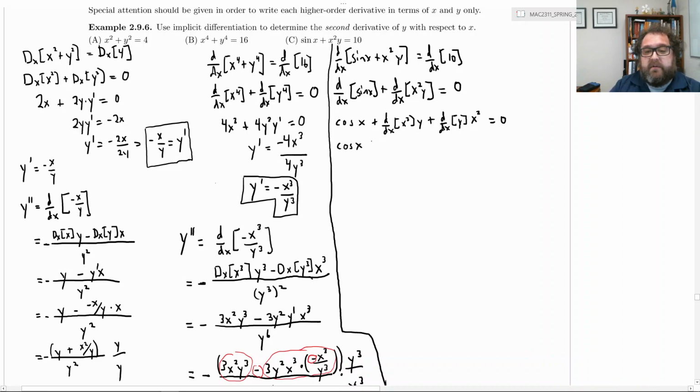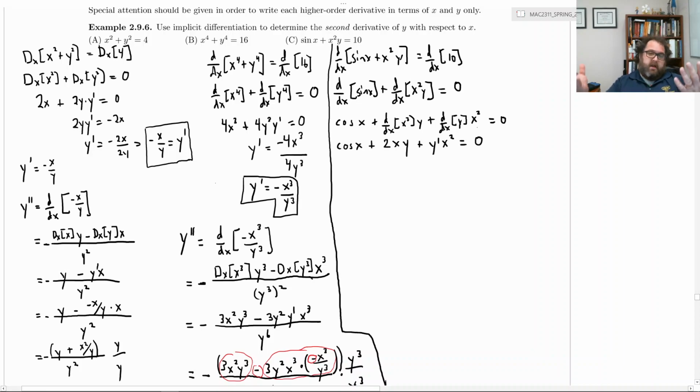All right, the derivative of x squared with respect to x is just business as usual, 2x times the existing y, plus the derivative of y is 1 times the derivative of the inside function y, which is y prime. So y prime times the existing x squared equals 0.